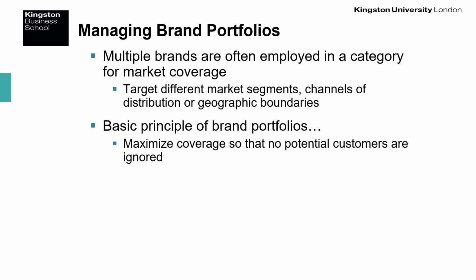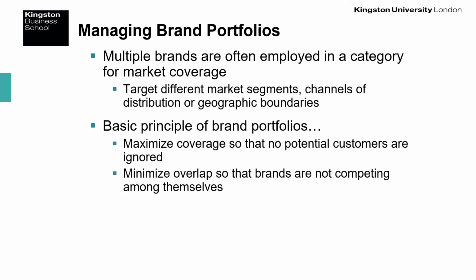Having the same brand name for both of those types of laundry benefits would be problematic because the benefits are so very, very different. One being very powerful, chemically oriented, biological cleaning, and one being very gentle. So you want to have the right number of brands so that no potential customers are left out or ignored. You've got a brand for all of the different market segments that you are targeting.